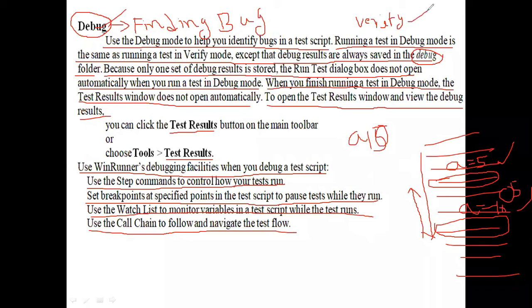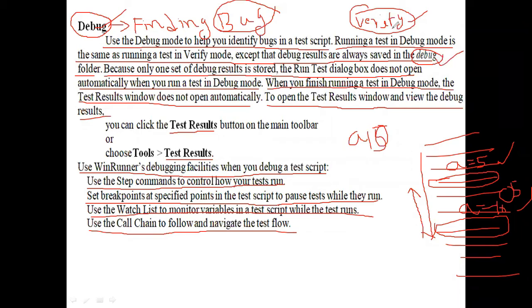Verify mode is used to verify your application, whether it is executing and behaving correctly. Debug is where you try to find the bugs, and that is also similar to verify, but the results are stored in a folder, and that folder name is debug.